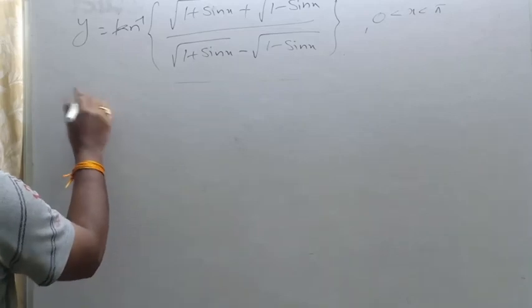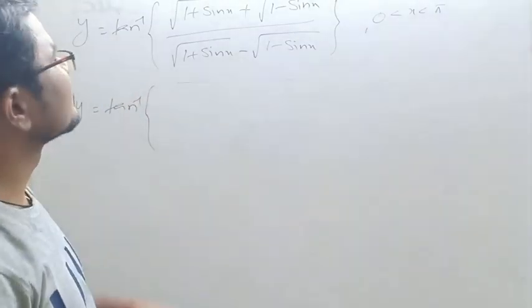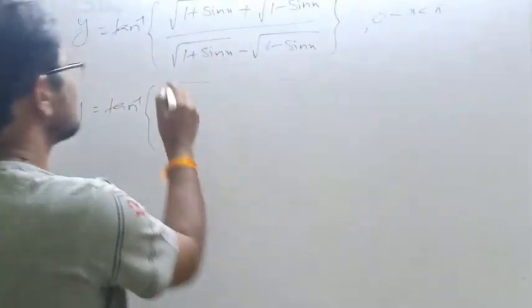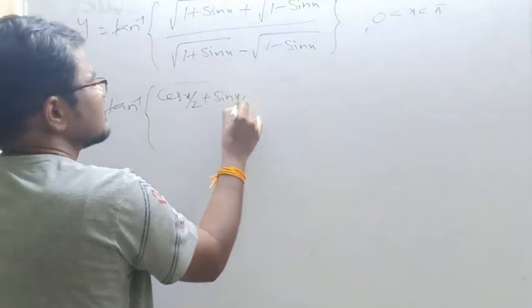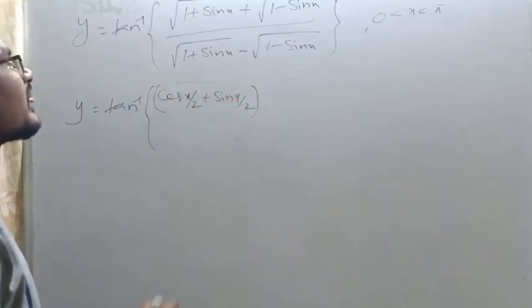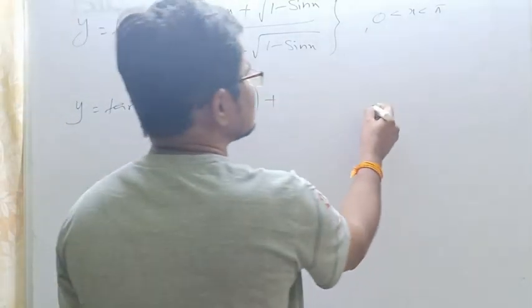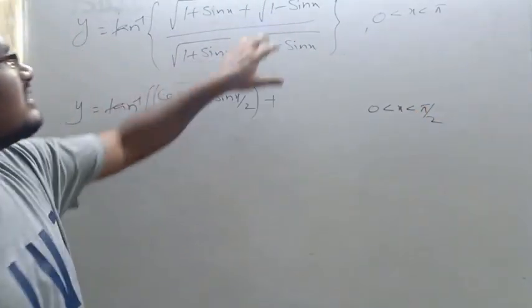That is equal to y equal to tan inverse of what you taken. This is positive only in this interval. So that's why this can be written as cos x by 2 plus sin x by 2. First, 0 less than x less than pi by 2, so this becomes positive only.